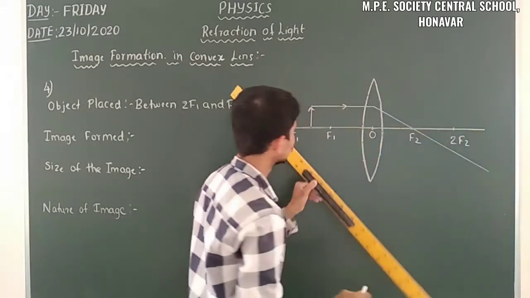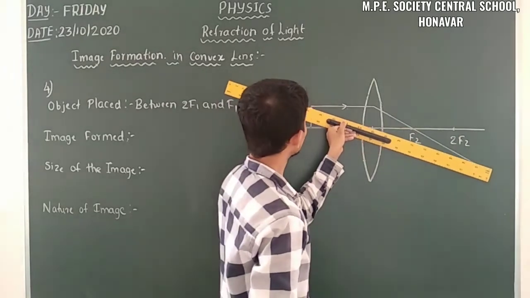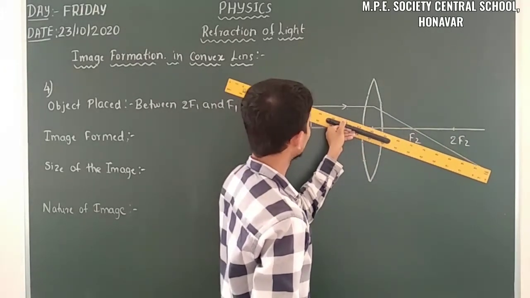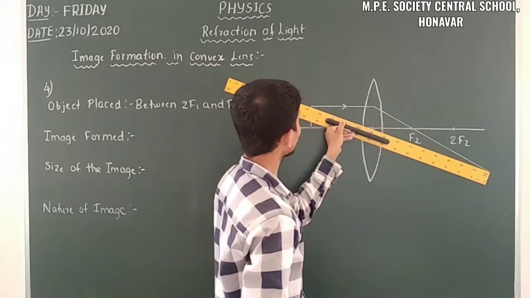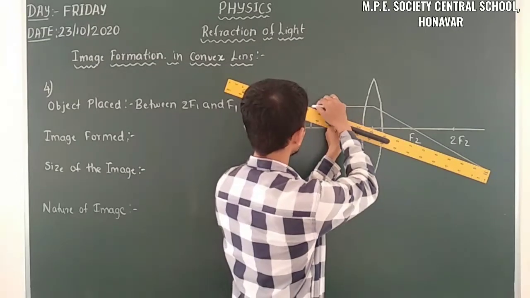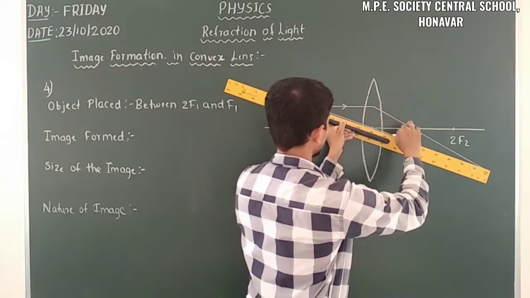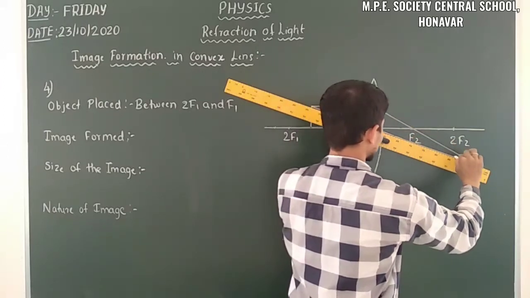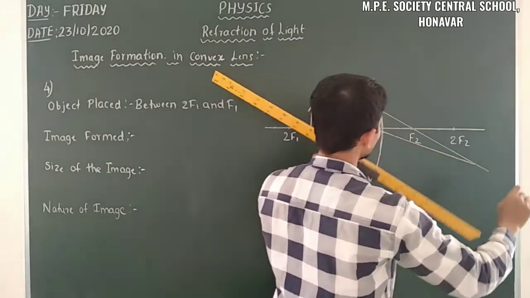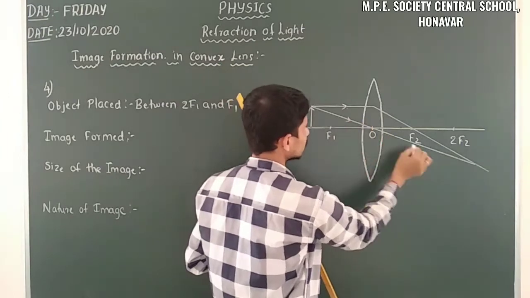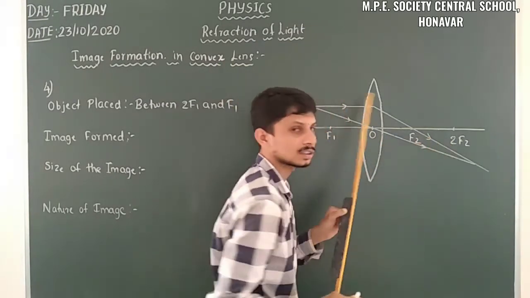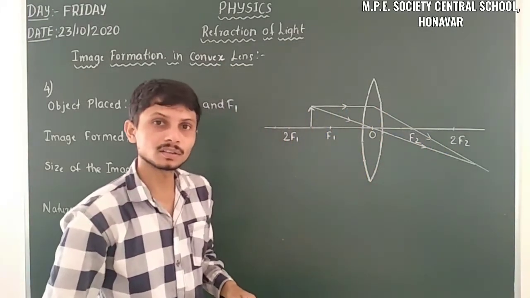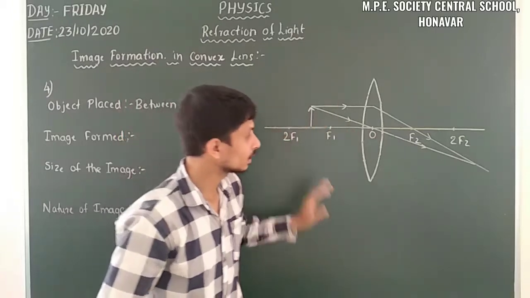Then we take one ray that passes through the optic center. It passes without any deviation. We must write an arrow mark on every part of the ray.